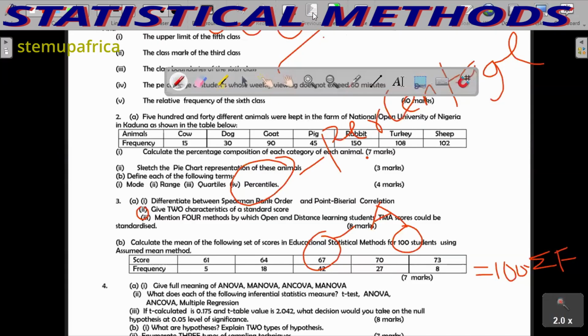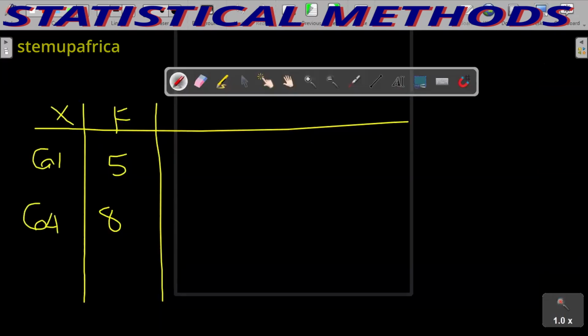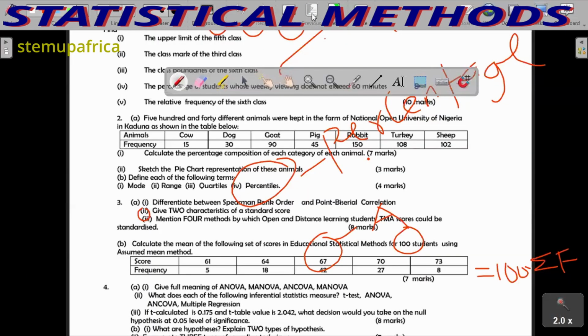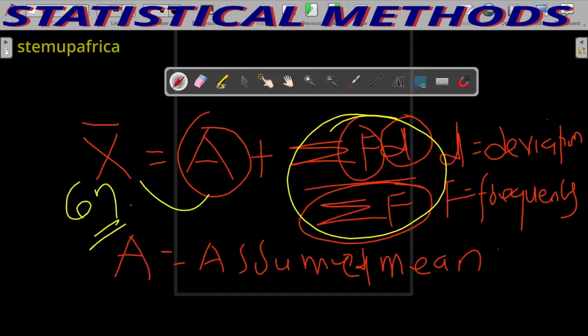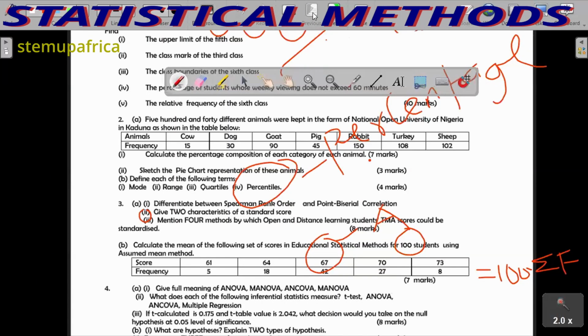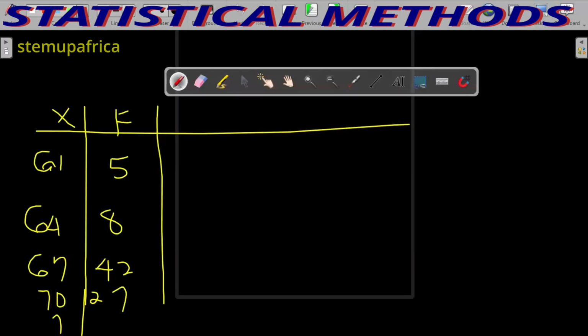Next, we have 67, frequency is 42, if I'm not mistaken. Then we have 70, frequency is 27. Then we have 73, frequency is 8.